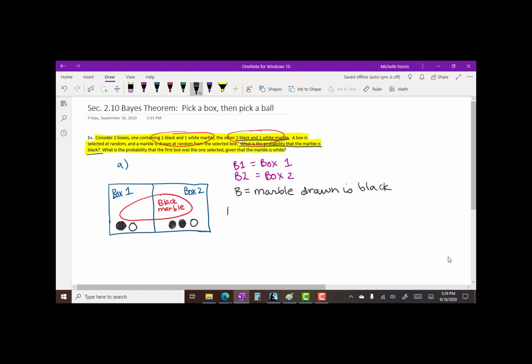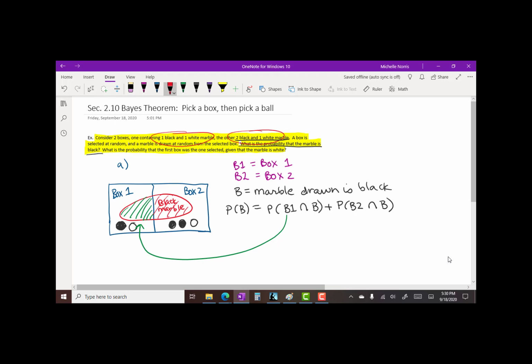So we're trying to calculate the total probability that the marble drawn is black, and that can happen in two ways. It's the probability that you selected box 1 and the marble drawn from that box is black. Or, so we're going to add these, the probability that you selected box 2 and the marble drawn from box 2 is black. Those two pieces correspond to these disjoint sections of the event black marble.